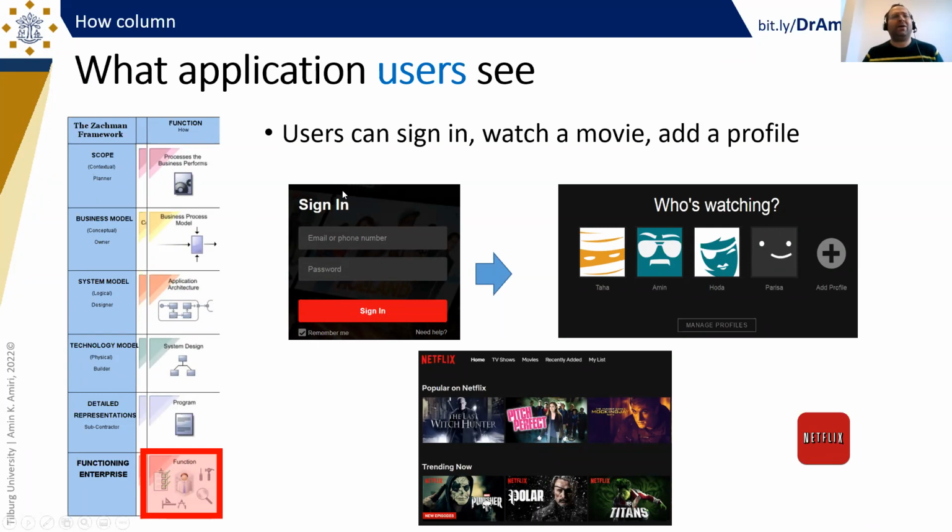You saw that you have the functionality of signing in to Netflix. You have the functionality of watching a movie. You can add a new profile. So these are various functions that are provided to you through this application by Netflix.